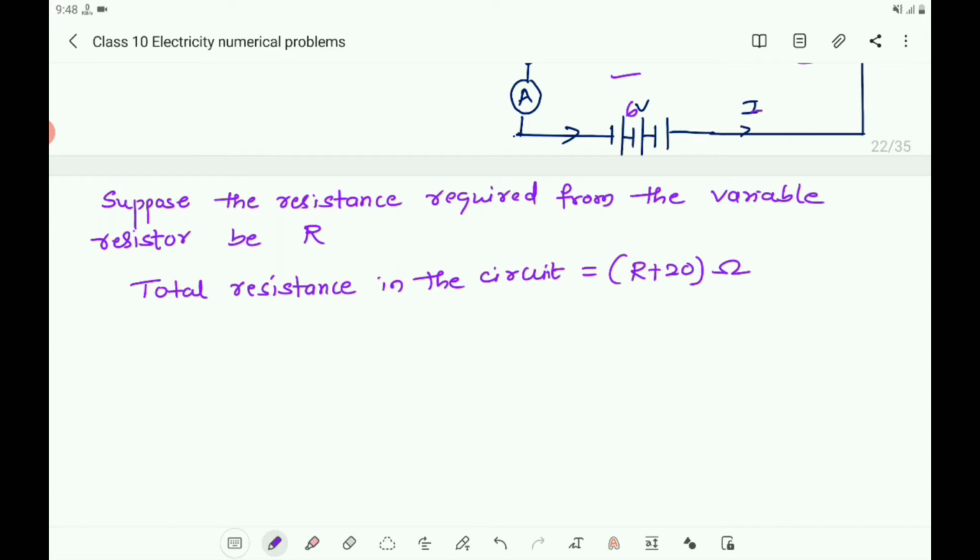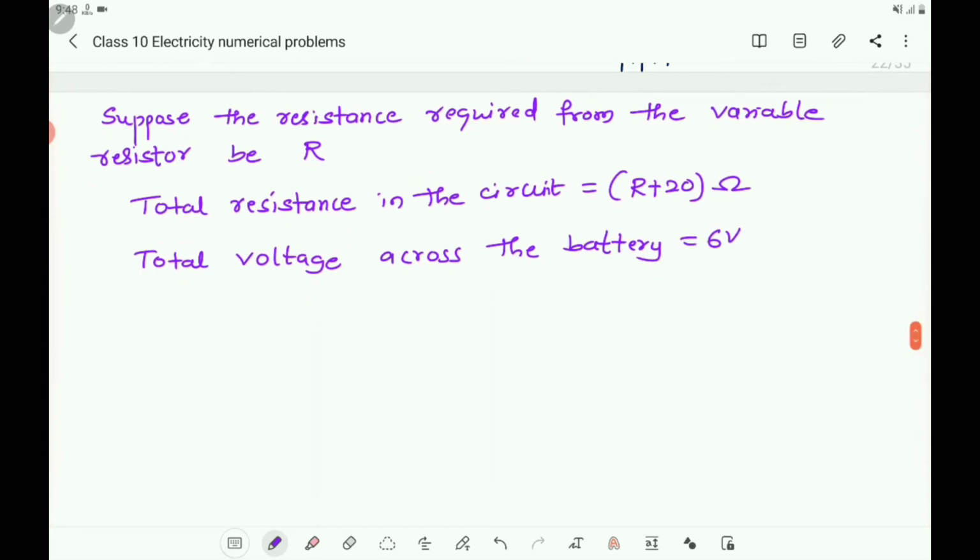Then the total voltage across the battery is given, how much? 6 volt.